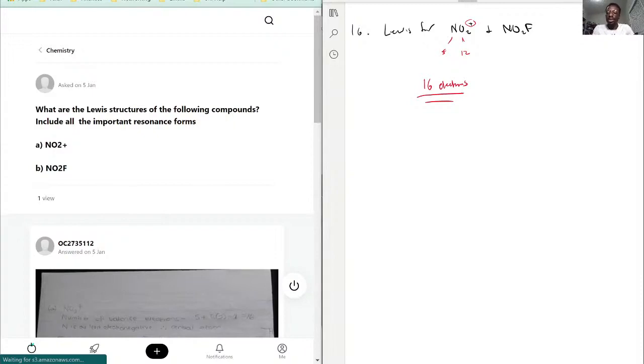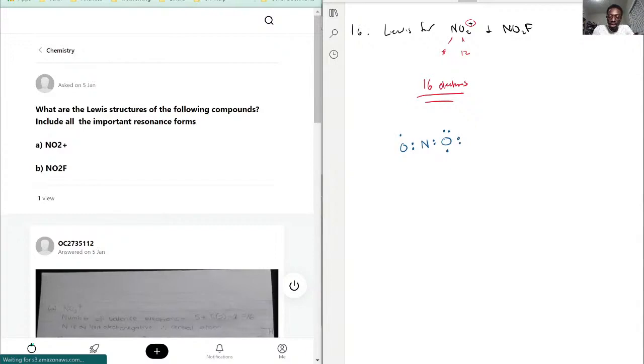So that being said, let's just go straight to the Lewis structure. We're now going to have N in the middle, and then the 2 oxygens on each side, and we're now going to add the bond there. Now the oxygen is sharing 1 of its 6, so 2, 3, 4, 5, 6.